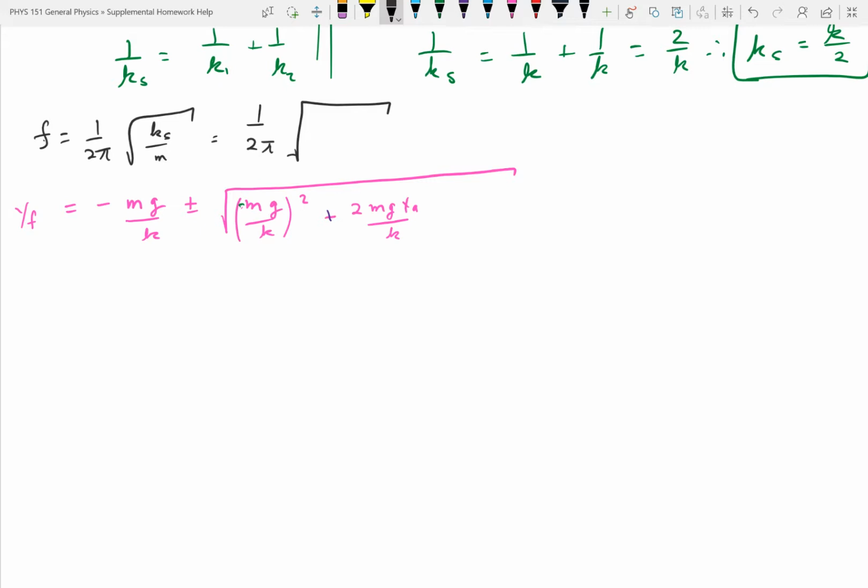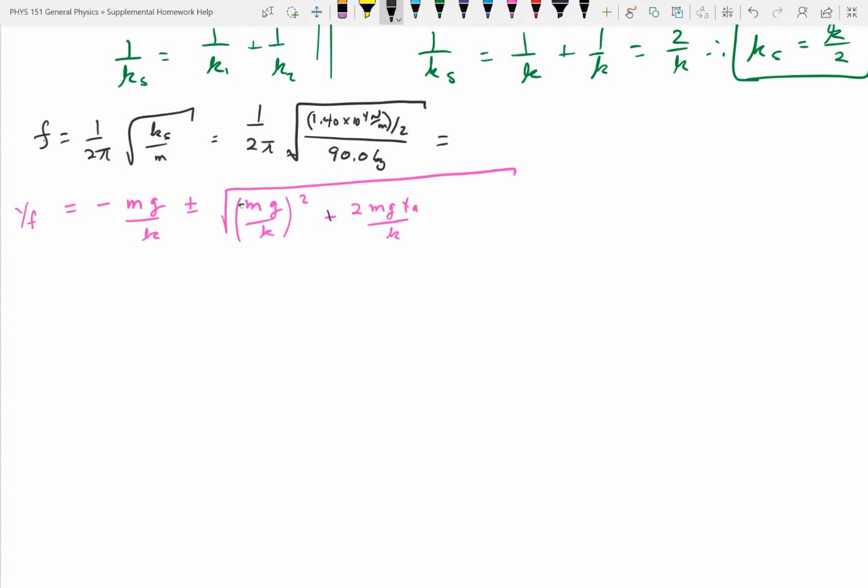What was the original KS? 1.40. Okay, so there's my new K series. It's that value divided by 2, divided by the M, which was 90 kilograms.